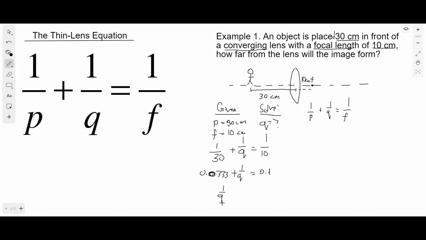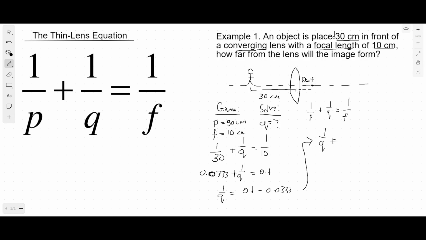So 1 over q equals 0.1 minus 0.0333. 0.1 minus 0.0333 gives you 0.0667.